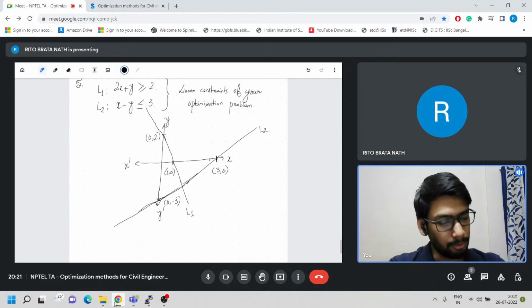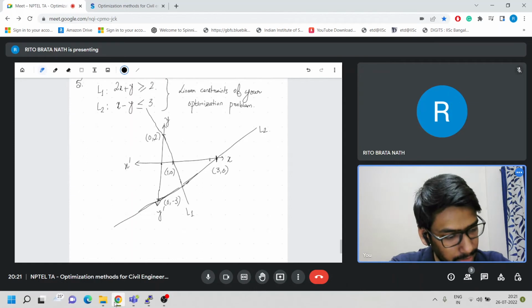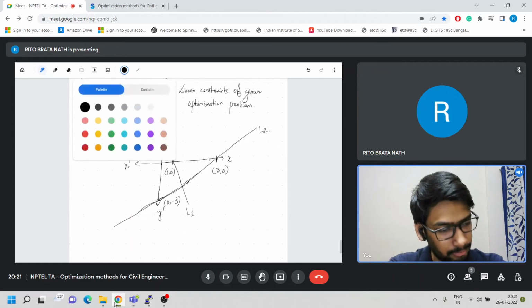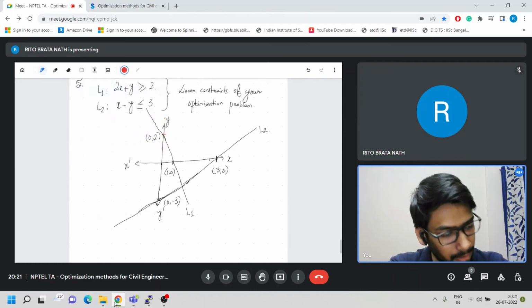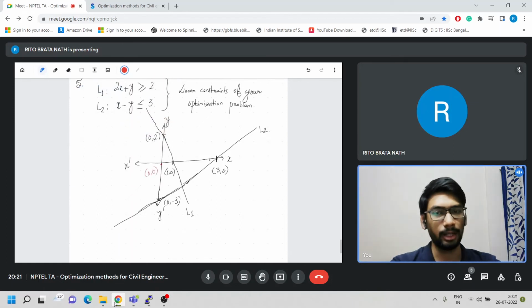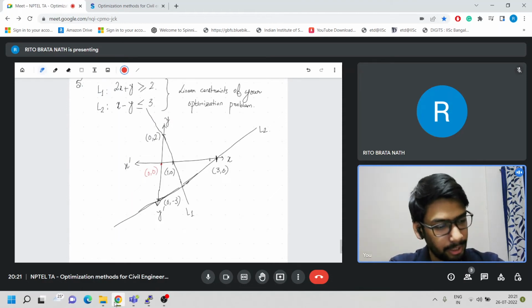Okay, so now you know how to draw these lines, but still you don't know how to draw the feasible regions. So for that, what you always will do, you'll check the origin. So let me mark this with red. So this is your origin. And now what you can do is that first you take this equation and put the 0, 0 in the left hand side.